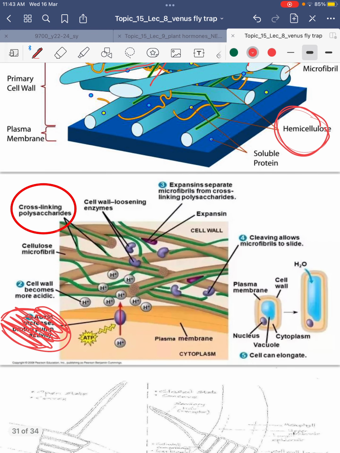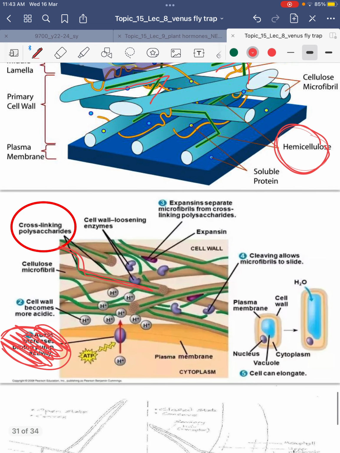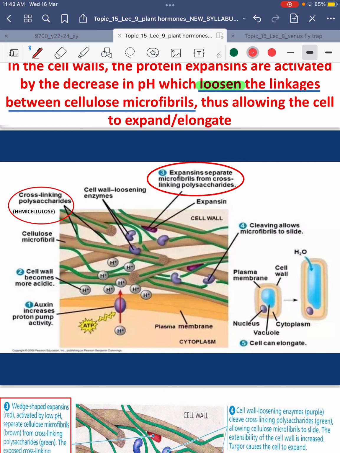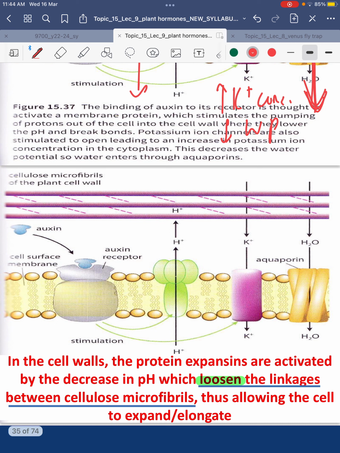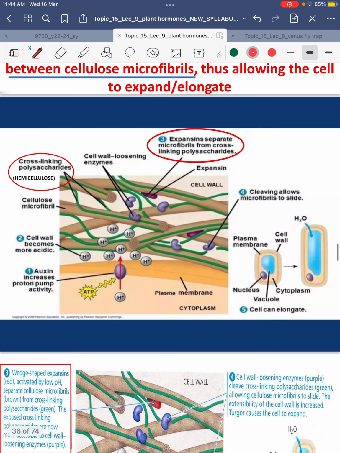It's actually breaking the hemicellulose. So it's easy now. The difference is only that this is the binding of auxin, whereas that one is the influx of calcium causes action potential and so forth. So you need to differentiate that too.